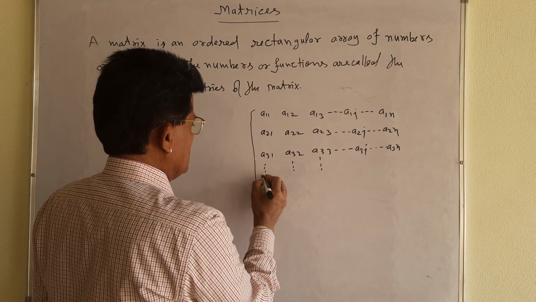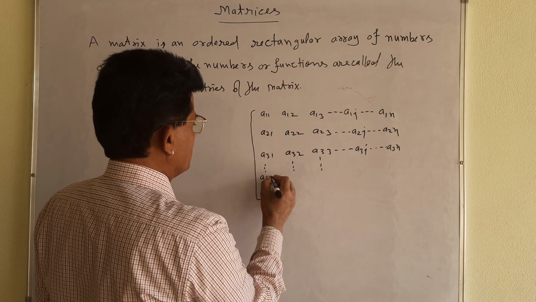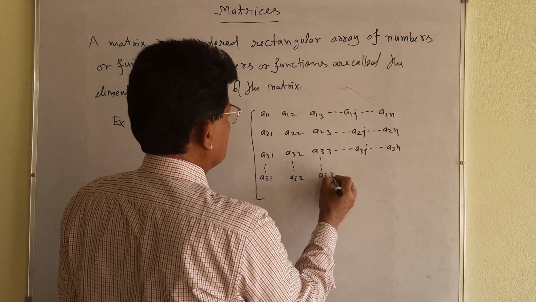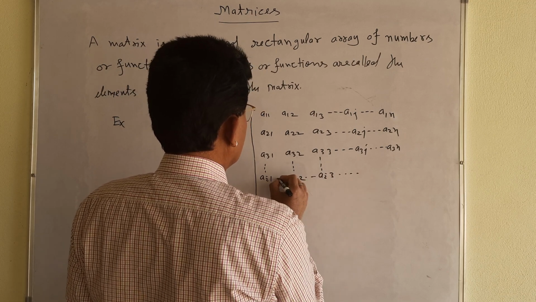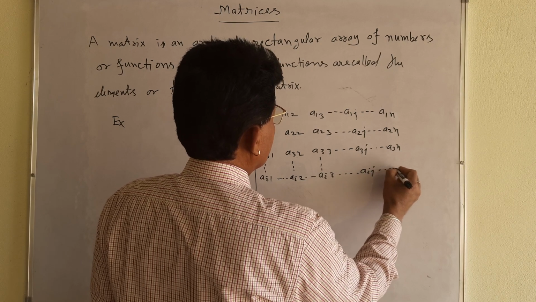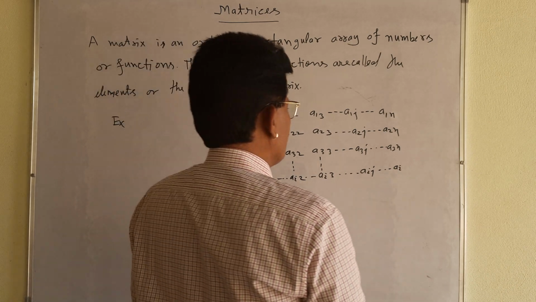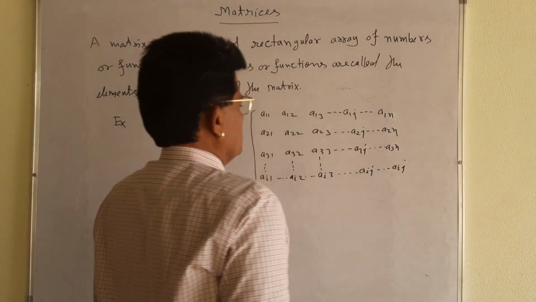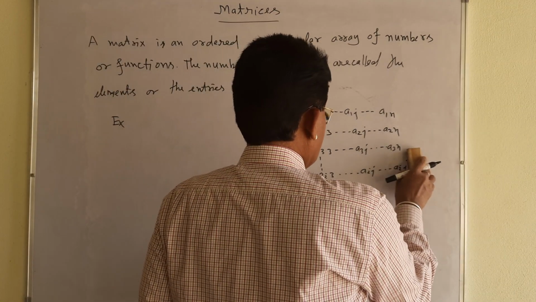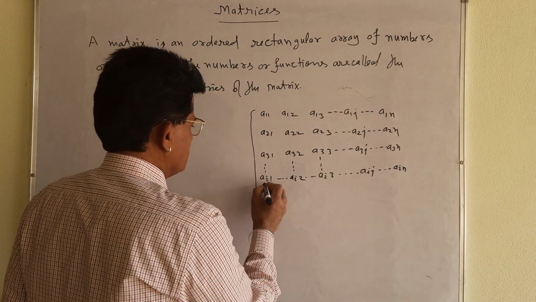Here, you see the first entry is increasing, denoted by i1, i2, i3. Very simple thing to write, dear student. That is why here it will be Aij.